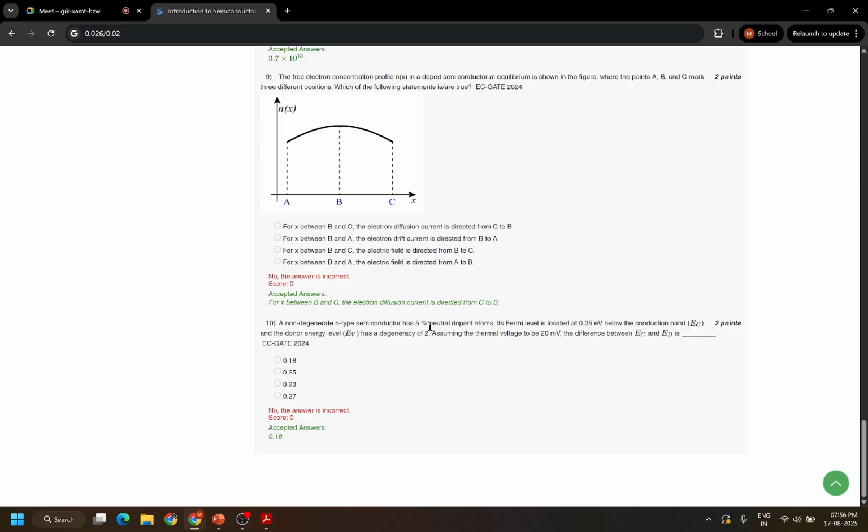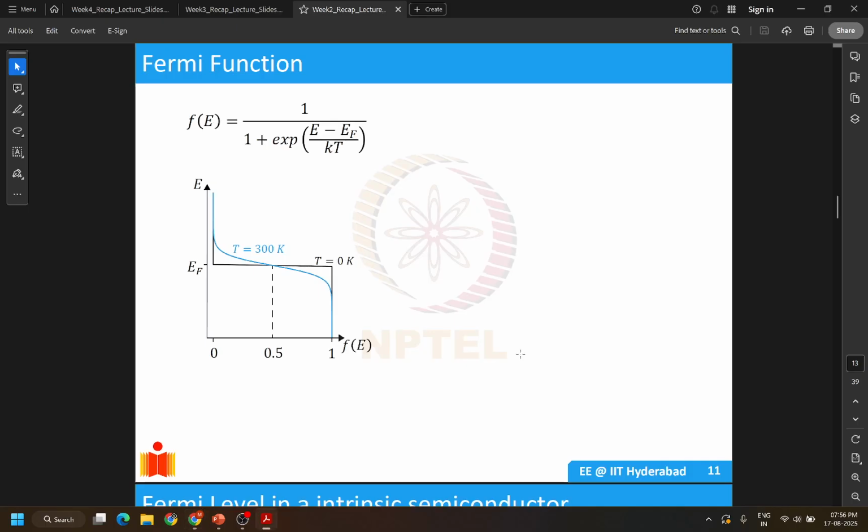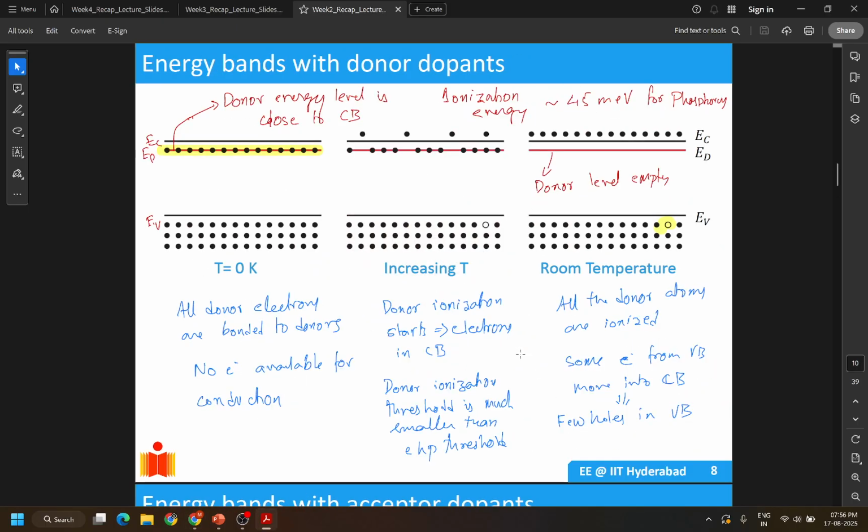In this case, if you were asking about neutral dopant atoms, this case has a different meaning of neutral dopant atoms. It means that these are the dopant atoms located at a donor energy level of ED. So at 0 Kelvin, all your electrons are bonded.